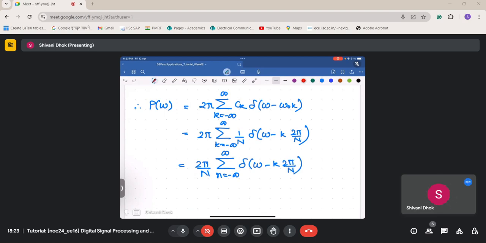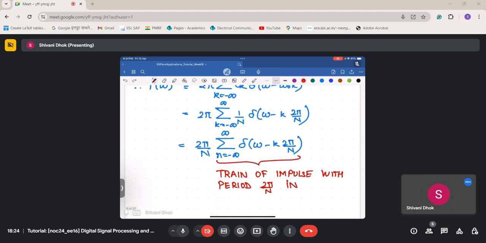Now observe carefully, this part here is a train of impulses with period 2 pi by n, and this train of impulses is in the omega axis, or frequency domain. And this thing here is simply a constant.